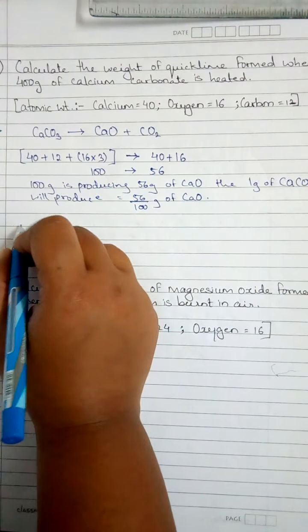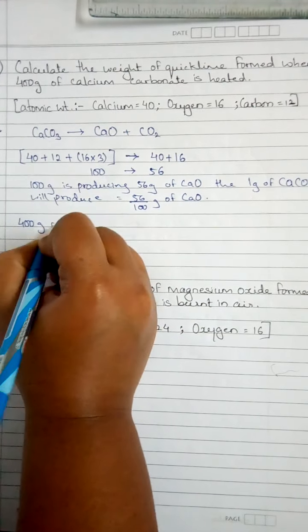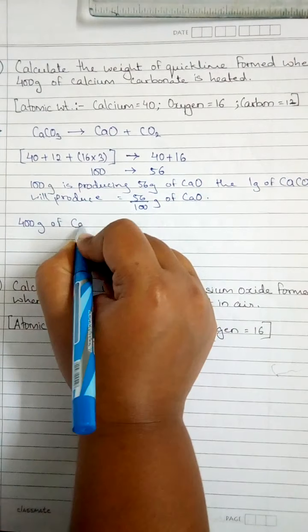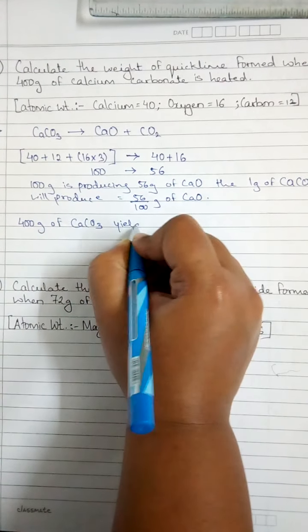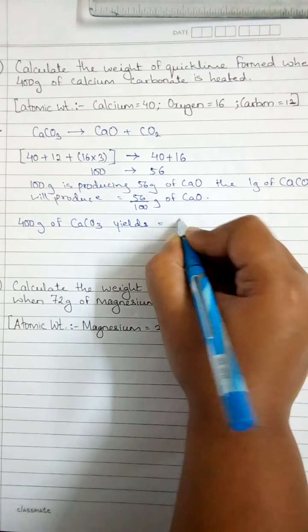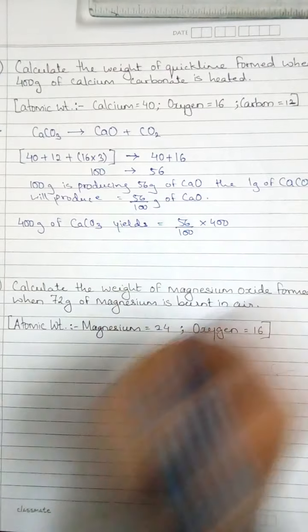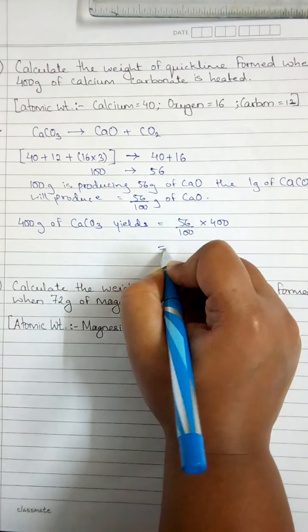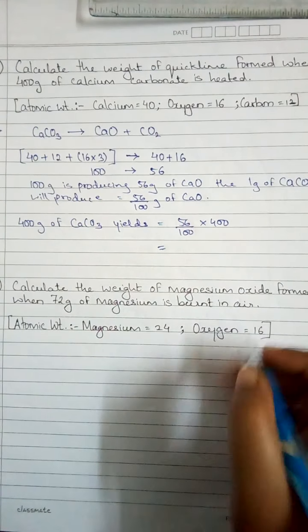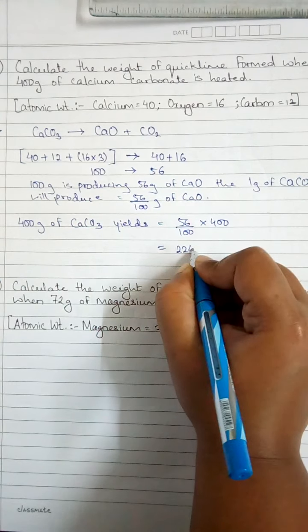So 400 gram of calcium carbonate yields 56 divided by 100 into 400. Okay, on cancelling we get the answer as 224 gram.